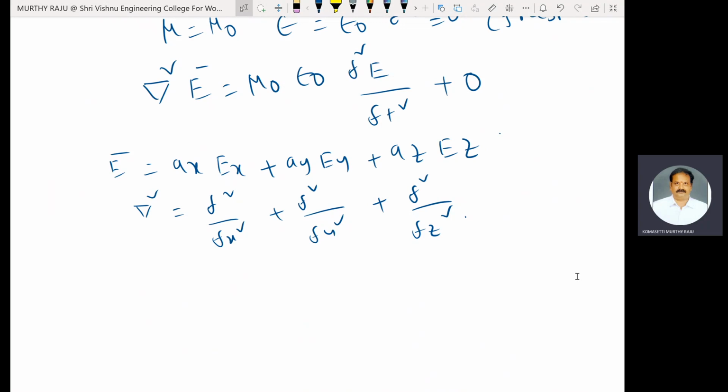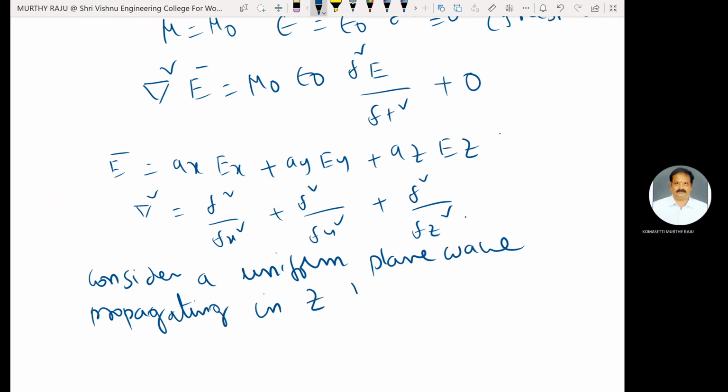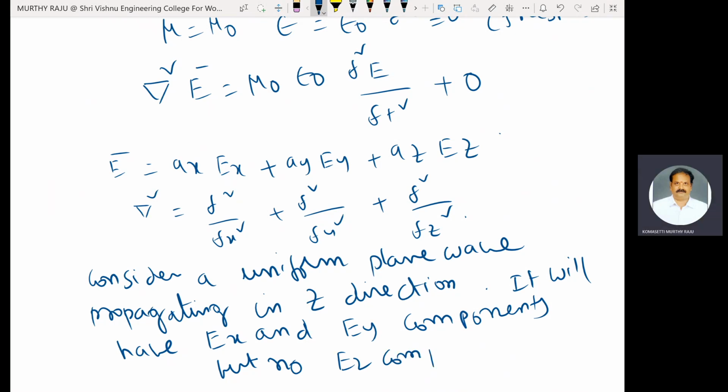It will have Ex and Ey components, but not Ez component. That means Ez is equal to 0.